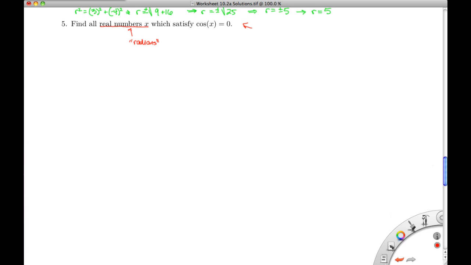So what are we actually being asked to do here? Let's think about what this problem is asking. We want to find what angles give us the cosine is equal to 0. For what angles is the cosine equal to 0?